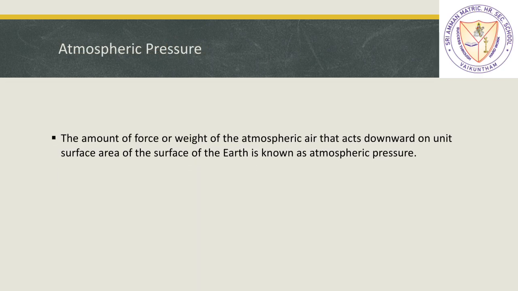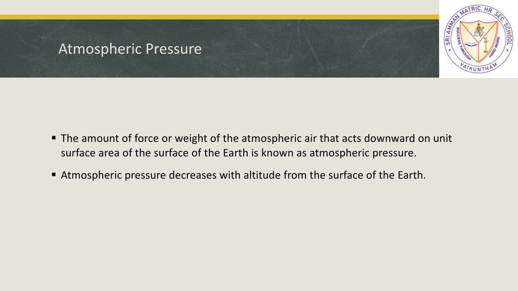The amount of force or weight, the same thing, the definition of atmospheric pressure. And then atmospheric pressure decreases with altitude from the surface of earth. So from the sea level, if you're going to any mountains or peaks or hills, the atmospheric pressure goes on decreasing. Usually the normal surface of earth is taken as the sea level.